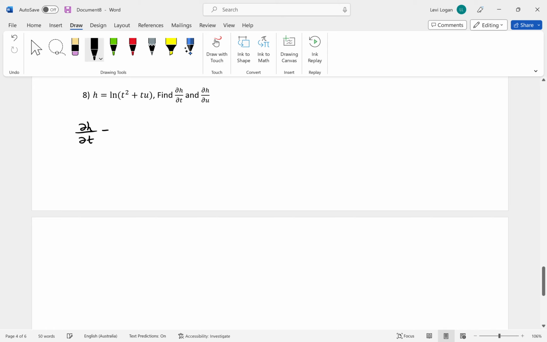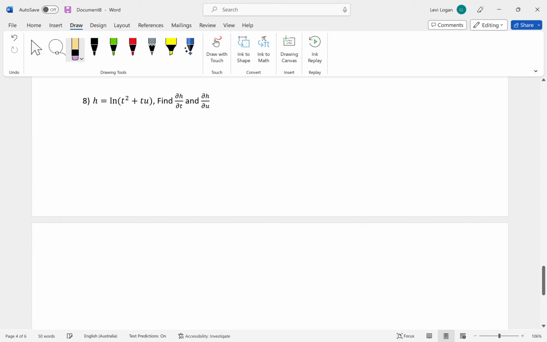Why is it rubbing out? I don't understand. I'm just going to start writing down here. Hold up, just give me a second, my computer's lagging for a sec.